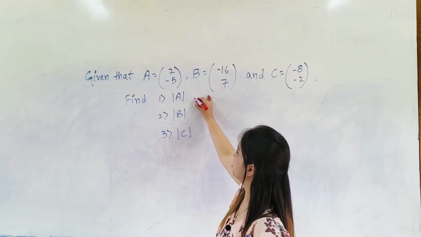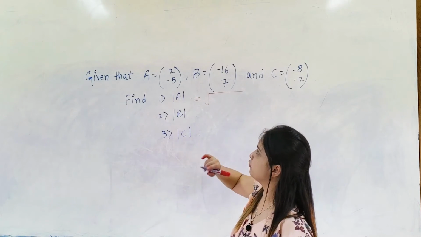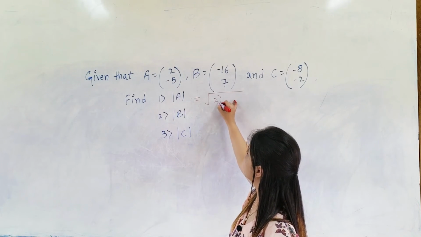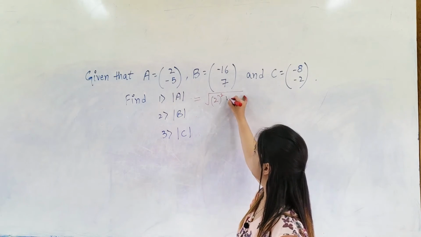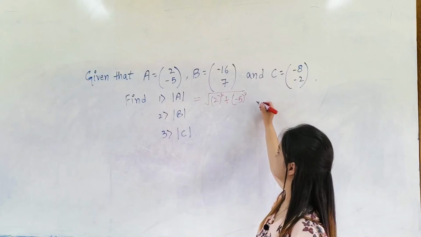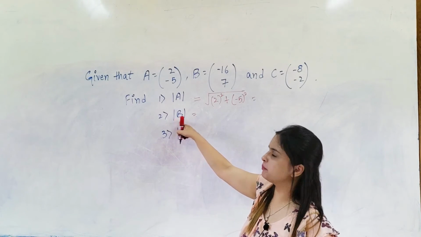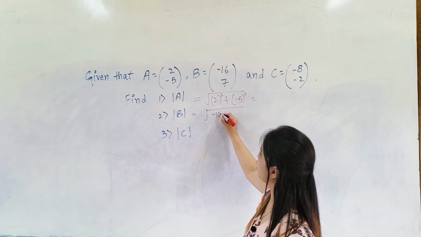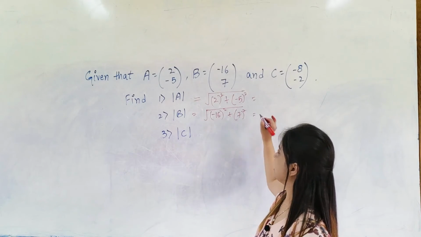So, what is the formula to find the magnitude? The formula is the square root of the square of the first coordinate plus the square of the second coordinate. Similarly, magnitude of B will be the square root of the square of the first coordinate plus the square of the second coordinate.